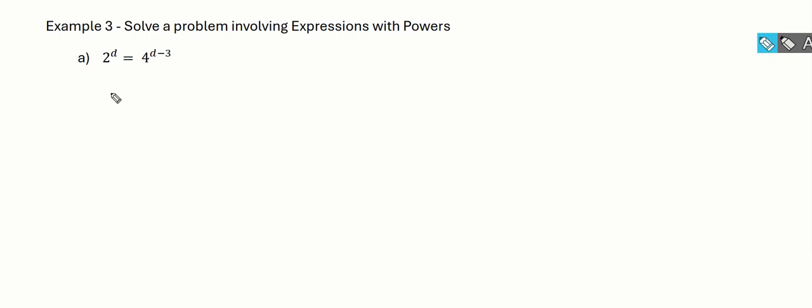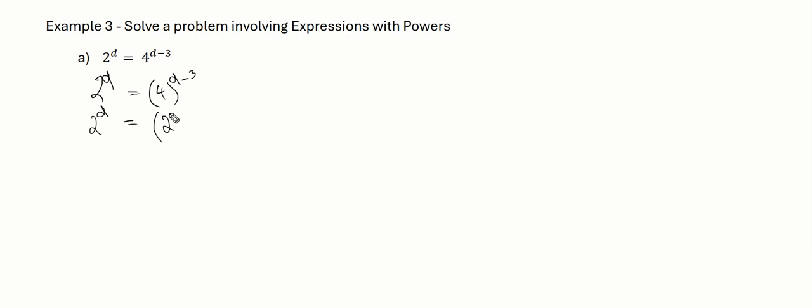So I'm not gonna do anything. This is already as low as it'll get. So you can write down here 2 to the power of D, and over here you can work that out. So I'm gonna put it in brackets, and it'll be D minus 3. And I know that 2 times 2 is 4. I know that by experience.